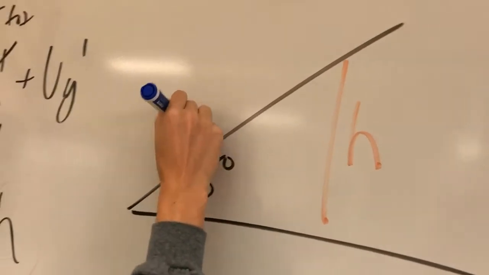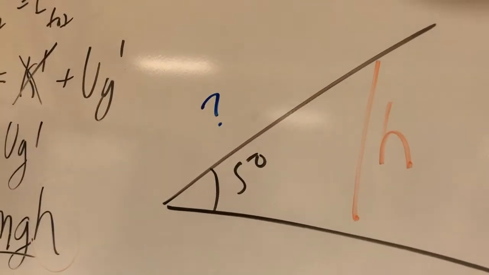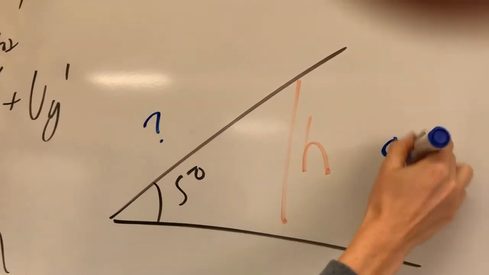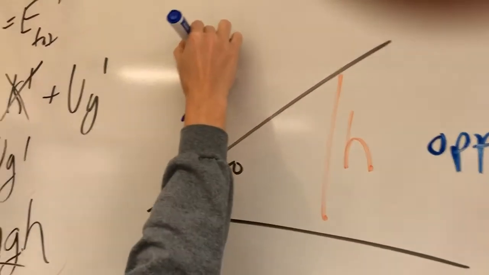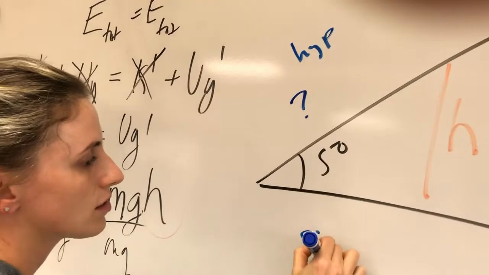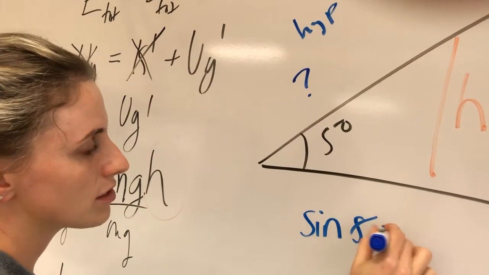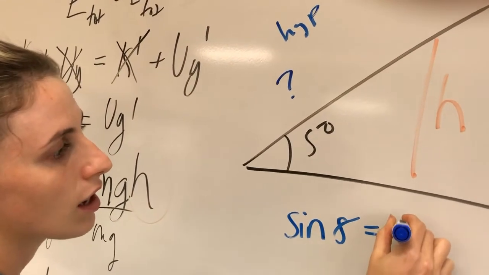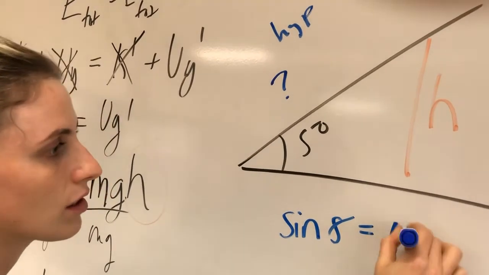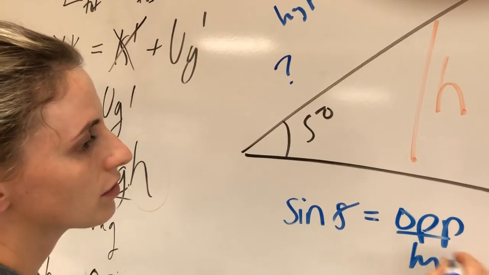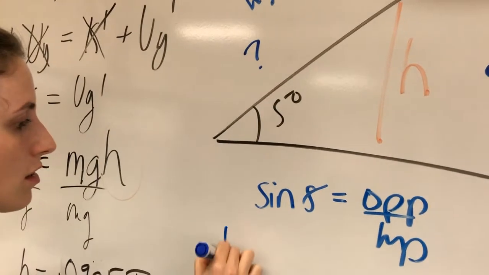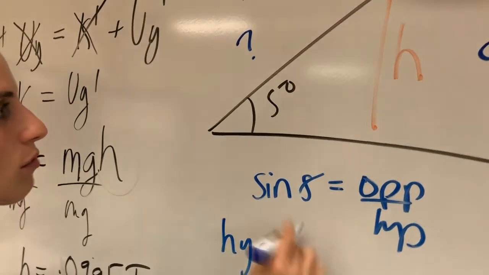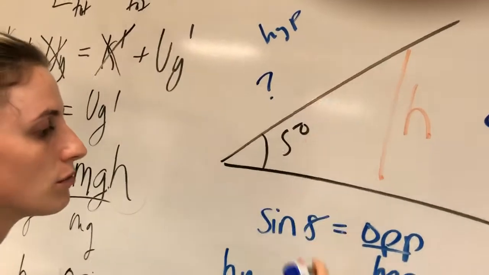Well, the height is going to be what part of the triangle? The opposite. SOHCAHTOA: the sine of 5 degrees is going to equal the opposite over the hypotenuse. I'm just going to switch these, because we want the hypotenuse. We want to know how far it's going to go up the ramp.